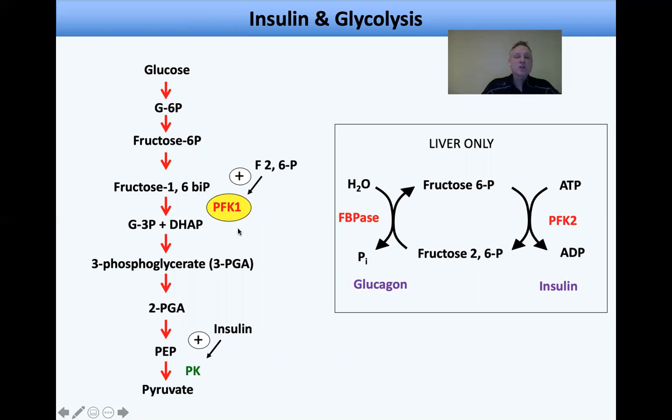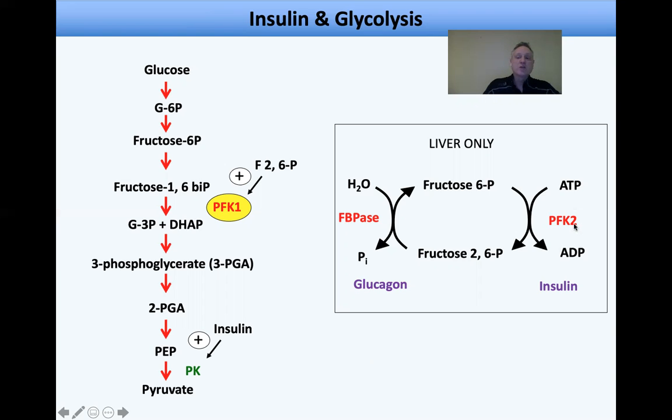So it shouldn't surprise you that in the liver, as well as other tissues, this enzyme is regulated. And the liver regulation is pretty important because it's regulated by insulin action. So over here on the right panel, what we see is that we have fructose 6-phosphate, and there's a substoichiometric amount that's converted into fructose 2,6-bisphosphate by the action of PFK2, which is only in the liver, and it's stimulated by insulin metabolism and signaling.